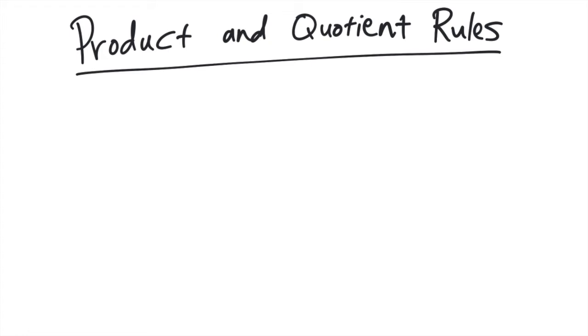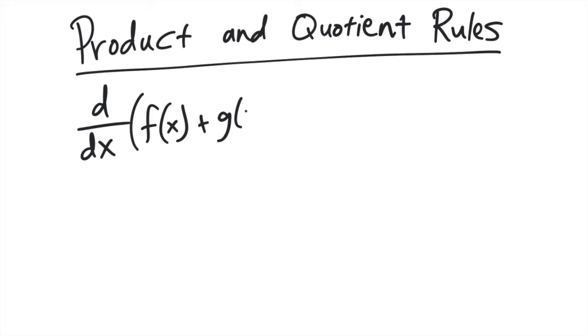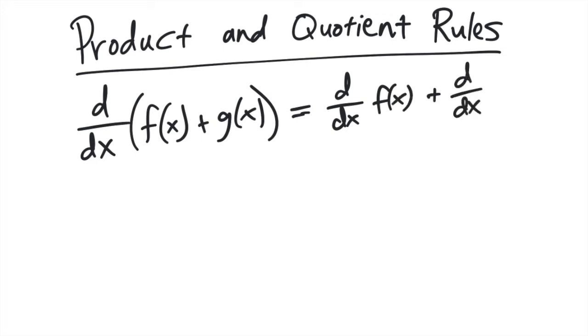Okay, so before we jump into what these rules say, I want you to remember what we talked about with derivatives of sums and differences. Remember that the derivative of a sum, f of x plus g of x, you can split up and deal with each of the terms separately: the derivative of f of x plus the derivative of g of x.